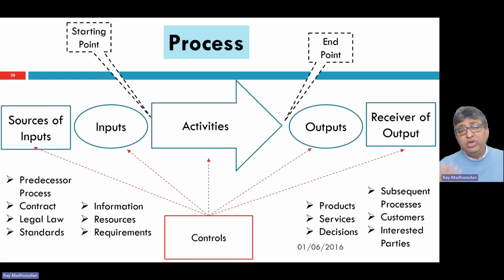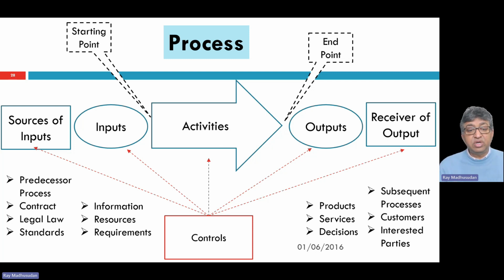So for a process, you need sources of inputs. For example, when you are ordering the coffee, you are the source of inputs. When you need input for a certain function, it could be a standard, a customer specification, a contract, or wherever you take the input. So you need the right sources for the inputs, and the inputs themselves, which are basically information and procedure, what you need to make the product.